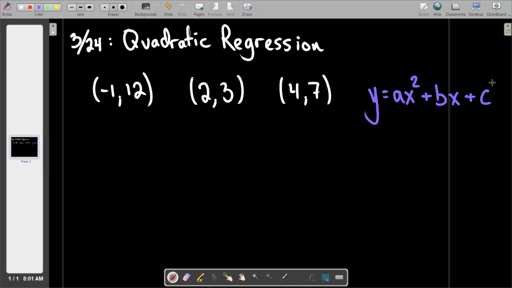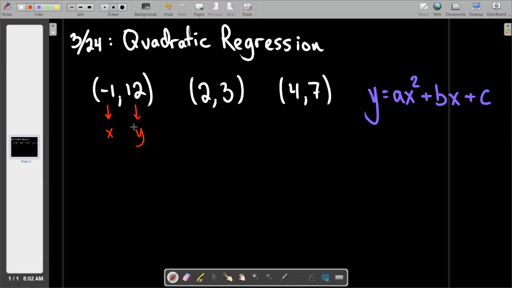Every time we have a point, we're going to input its numbers in place of x and y. For example, on this first one, the -1 is going to go in and replace the x's, and the 12 is going to go in and replace the y. But you have to repeat this process 3 times in order to create a system of equations.